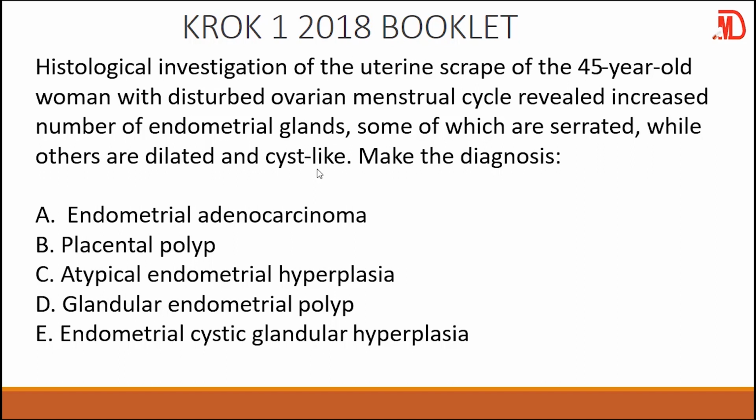In some books, you will see keywords like corkscrew-shaped, elongated, stroma growth with proliferation of its cells, serratiform. So our answer here should be endometrial cystic glandular hyperplasia.